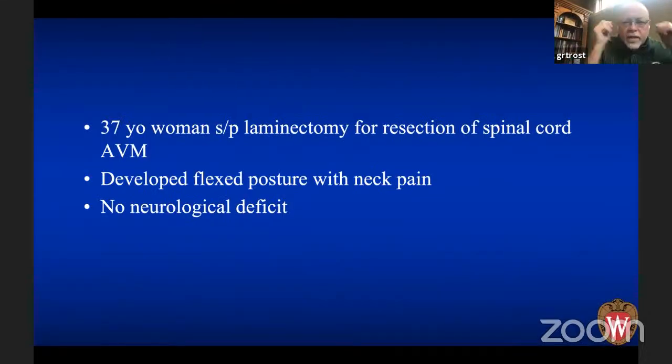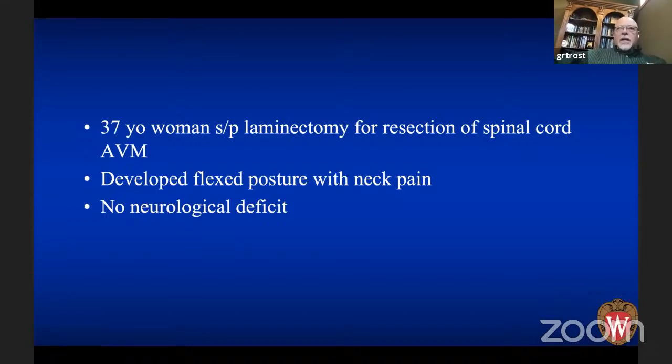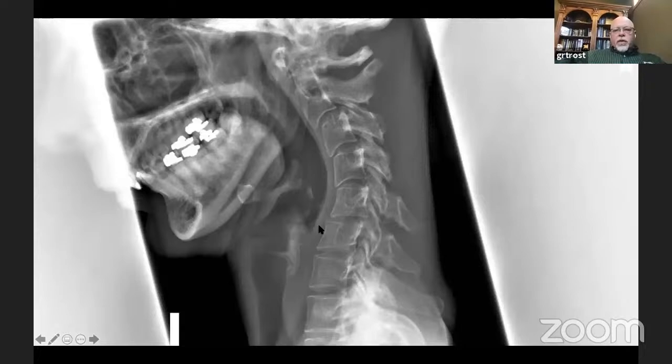So this is a 37-year-old lady who is status post laminectomy for resection of a spinal AVM. She was taken care of by the chair of our department, and she came back to his clinic with her head in a flexed posture and complained of a lot of neck pain, really no deficit. He swears he did not touch the facets at all. She looks quite uncomfortable and really can't move her neck at all.